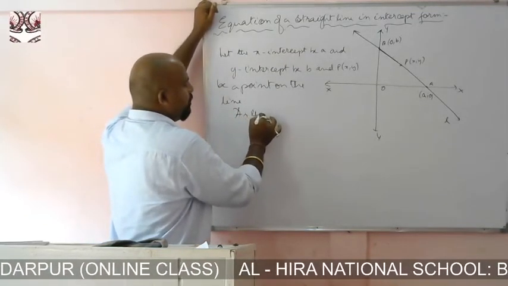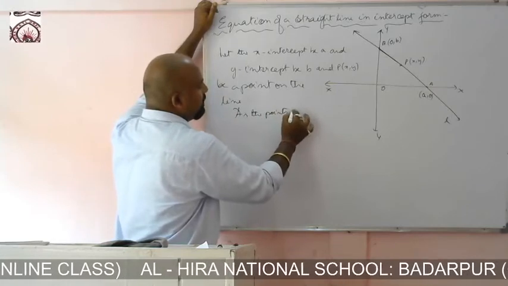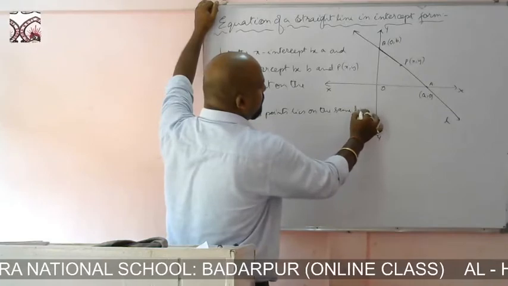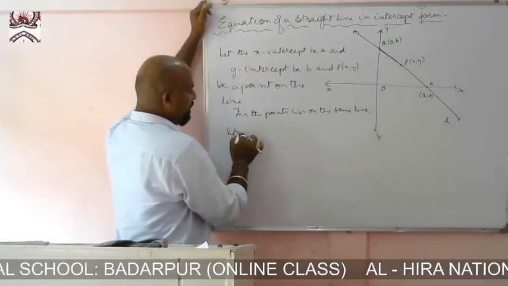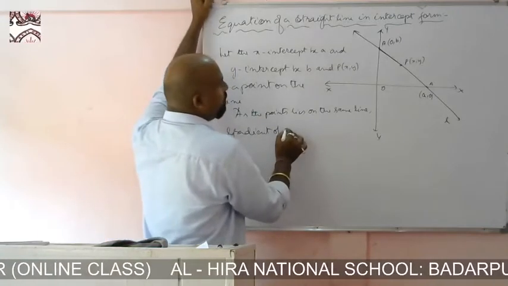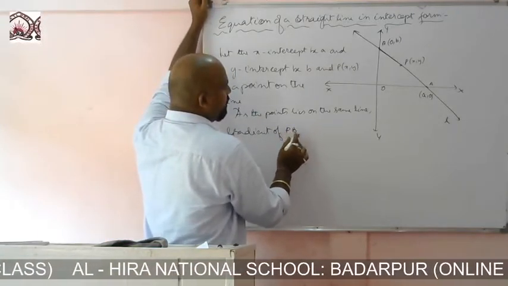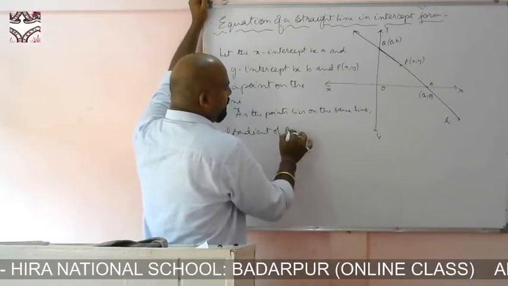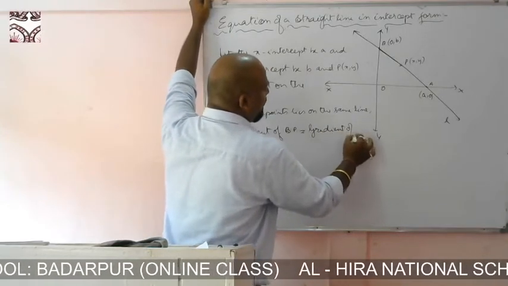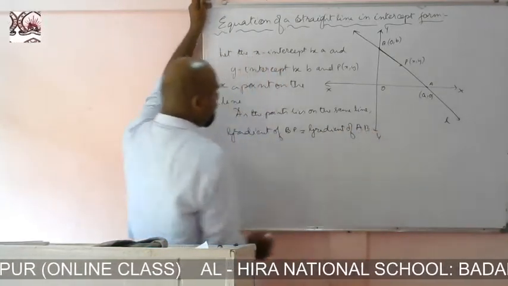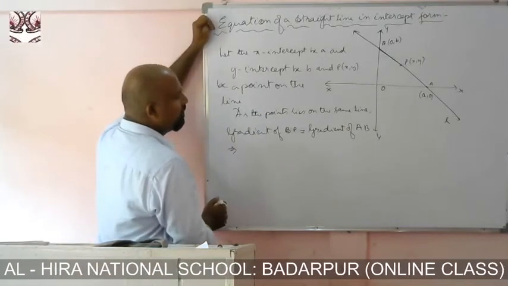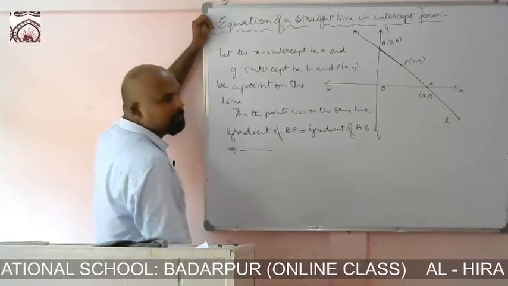As the points lie on the same line, the gradient or slope of BP equals the gradient of AB. What does gradient mean?